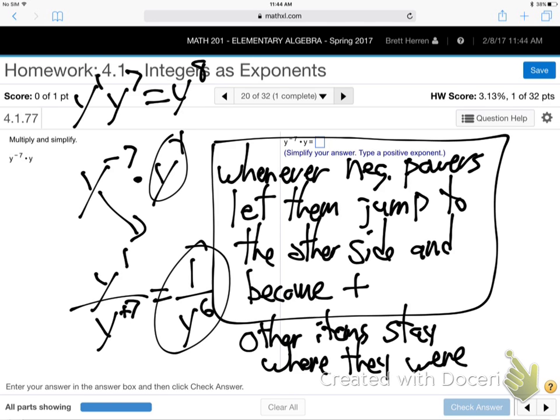He's jumping to the bottom, becomes positive. And then whenever you have same bases with powers vertical, you subtract. 7 minus 1 is 6. If the bigger power is on the bottom, then the answer is on the bottom. If the bigger power was on the top, the answer would be on the top. Wherever the bigger is, that's where the answer is.